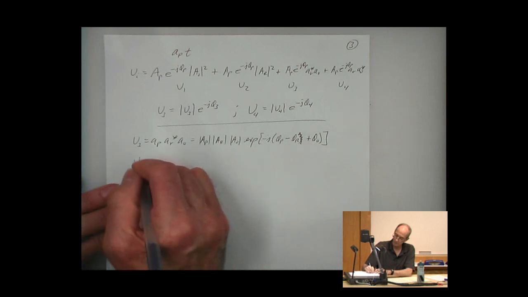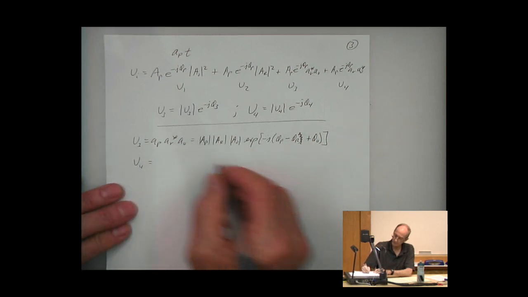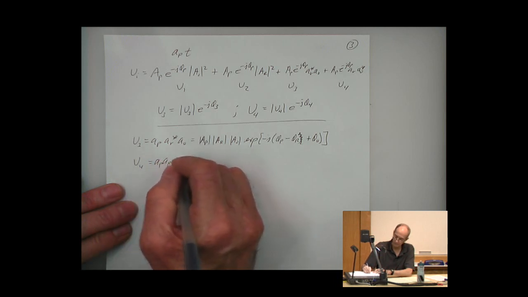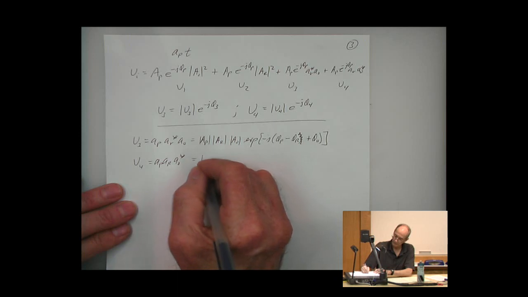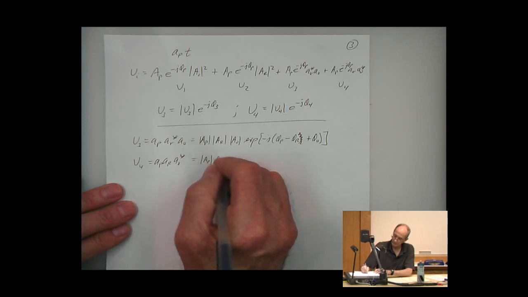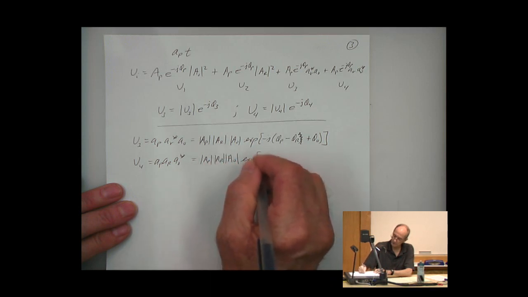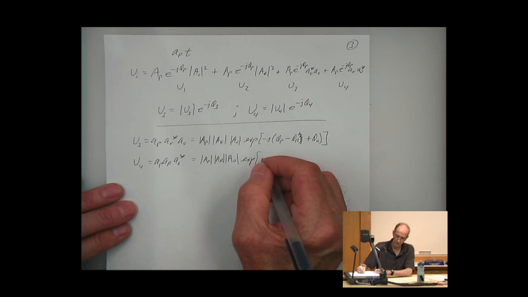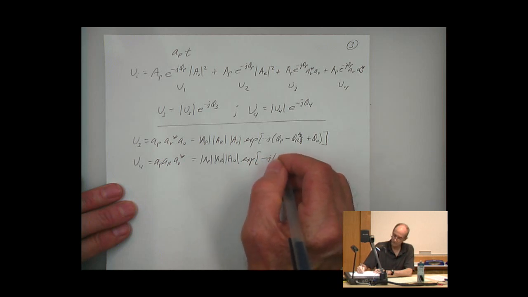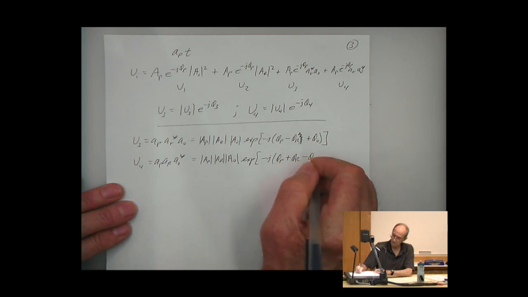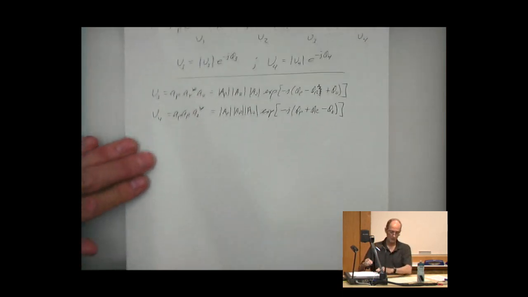And then for U4, we have a similar thing: A_P A_R, this time A_O star, and then exponential. The main thing here is the phase. The phase on this is minus j times phi p plus phi r minus phi o.